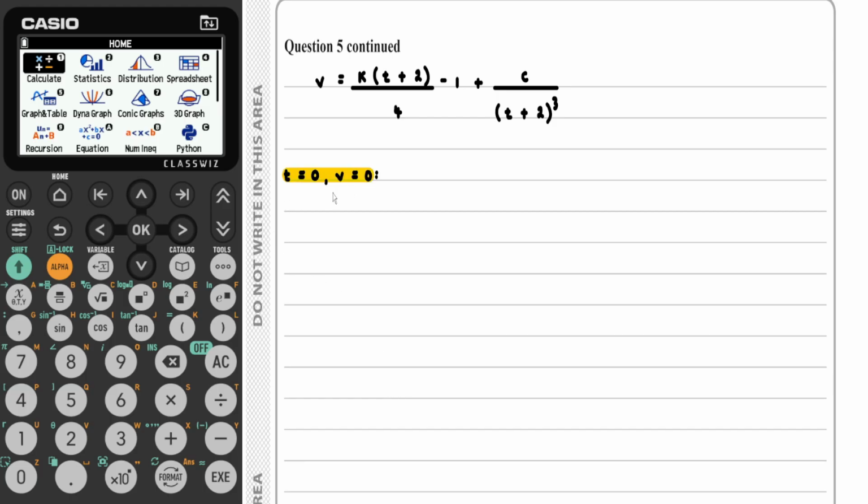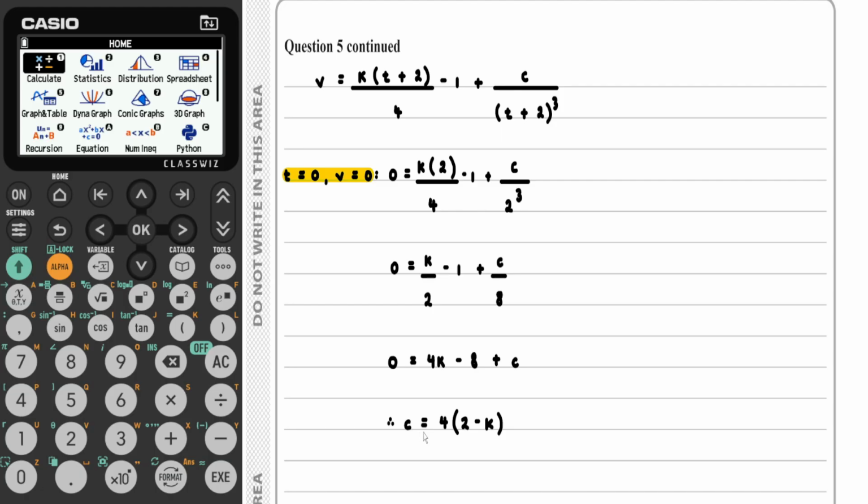We have the condition t equals 0, v equals 0, so we substitute this into here. We replace the t with 0 and we replace the v with 0, so we have 0 equals k times 2 over 4 subtract 1 plus c over 2 cubed. So we have 0 equals k over 2 subtract 1 plus c over 8, and if I multiply through by 8, I have 0 equals 4k subtract 8 plus c, and therefore c will equal 4 times (2 subtract k).